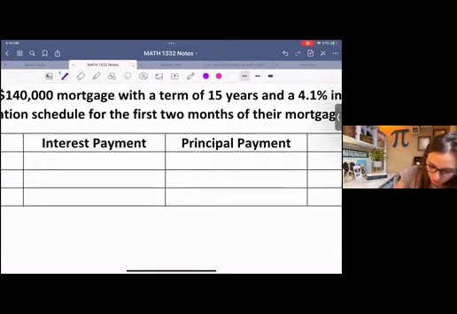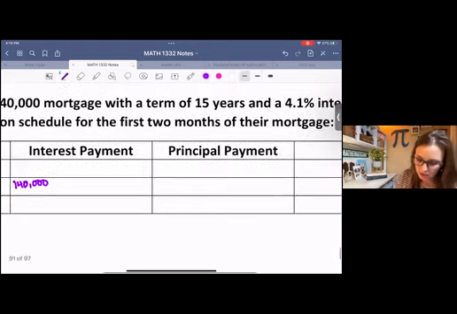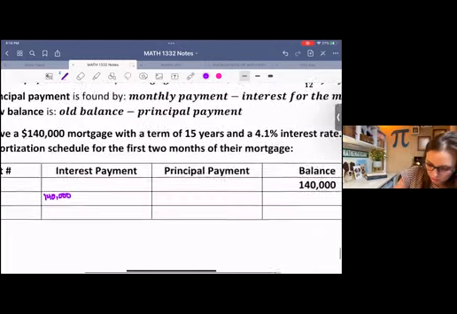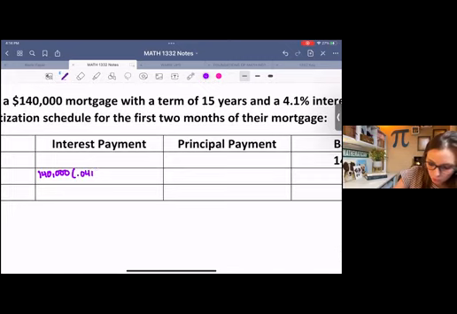I'm gonna try to write this small. $140,000 times the interest rate, 0.041, times 1/12, because it's 1/12 of the year. It's the first payment, the first month.